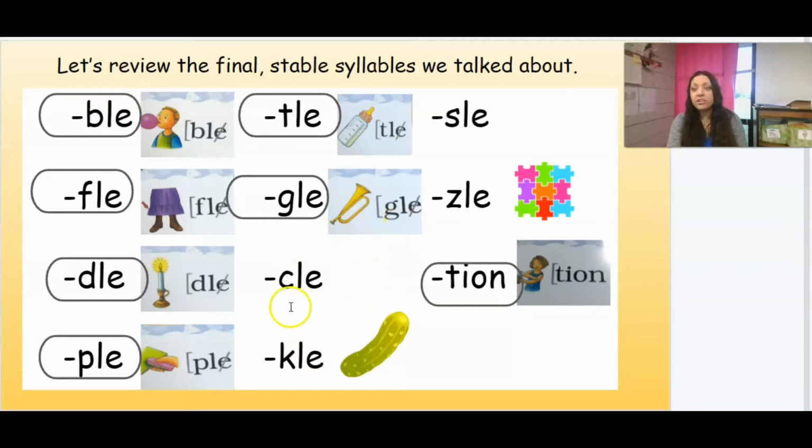And remember, for final syllable C-L-E, we didn't have a picture to follow for it. But it's at the end of words like uncle. Okay, what about this one?